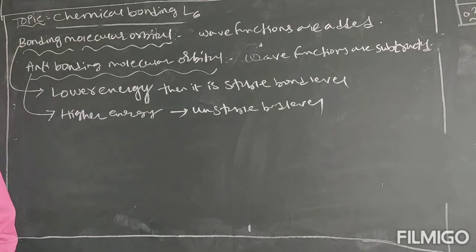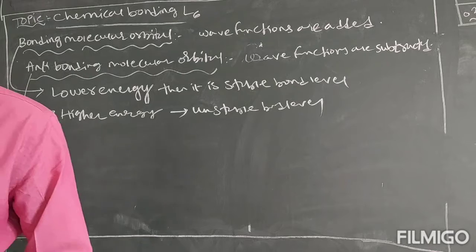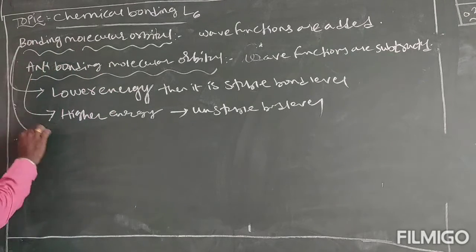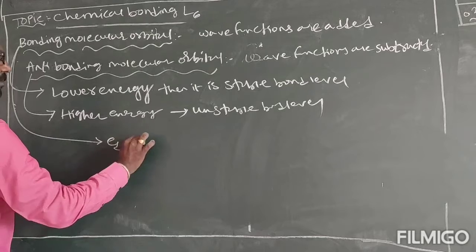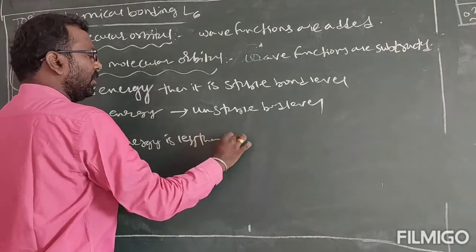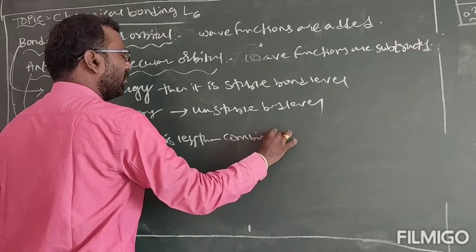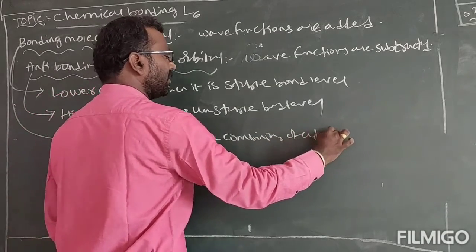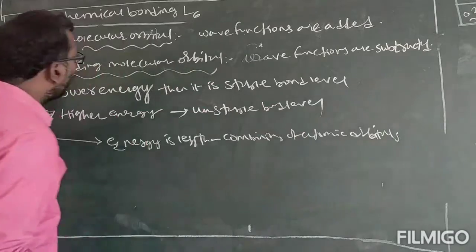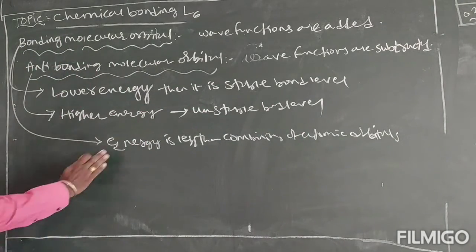And the energy of the bonding molecular orbital is less than that of the combining atomic orbitals. Whereas in anti-bonding, what will happen?